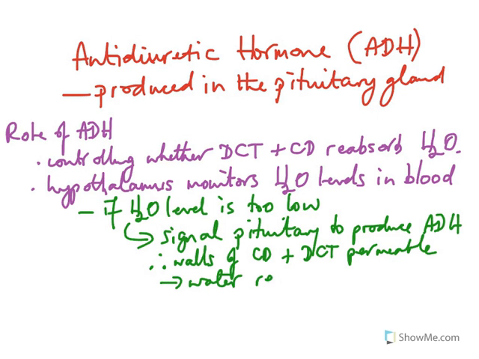In that way the water level of the blood is increased, until the hypothalamus is satisfied that the water levels are okay, and then it sends a signal to the pituitary gland to switch off. So let's put that story in as well.